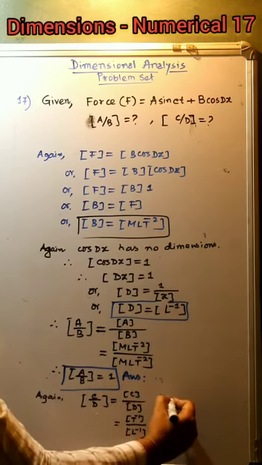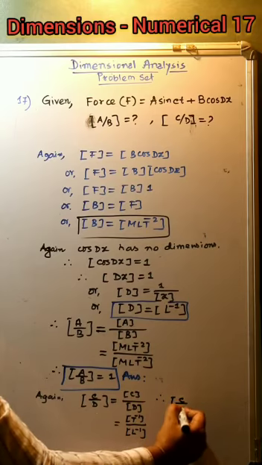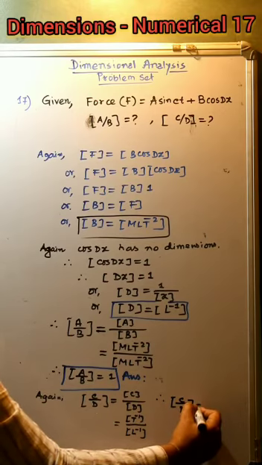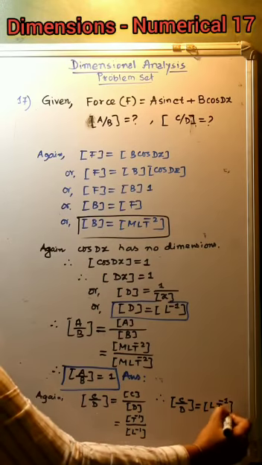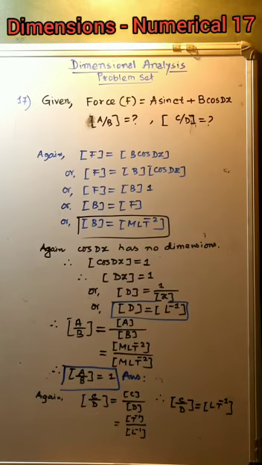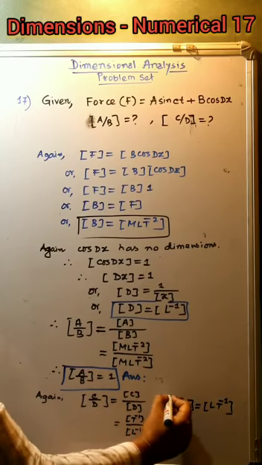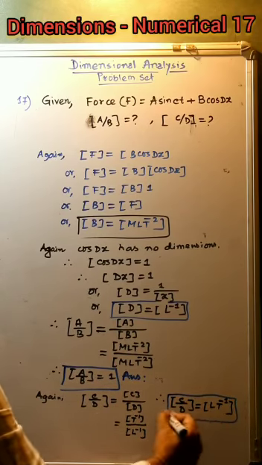So finally we get the dimension of C by D as L T inverse, which is the same as velocity. L T inverse is the other answer.